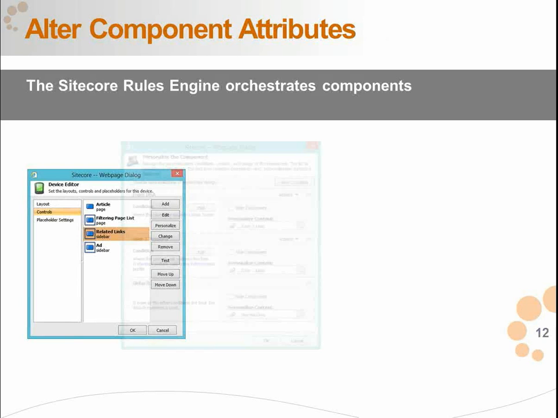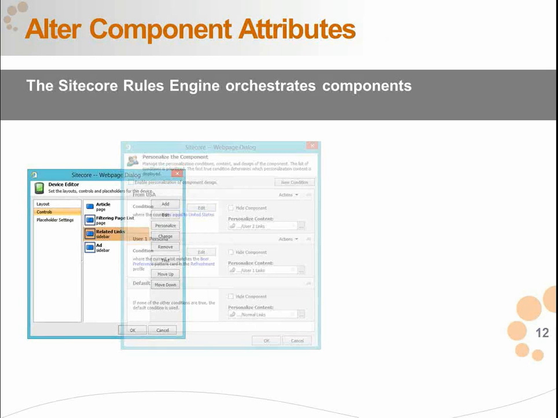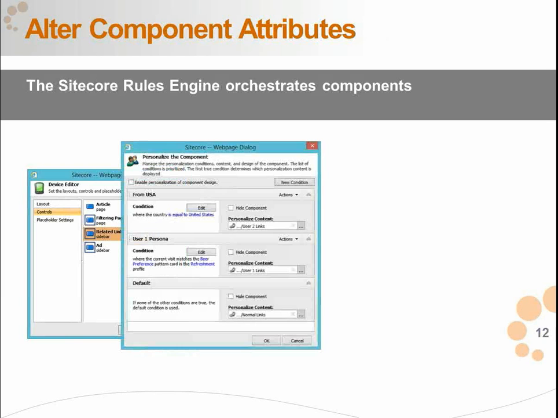You can see here we have a number of rules in here to handle different cases, different sets of conditions that we need to change the component. So for the default set down the bottom, we're simply going to use a particular set of data. For a user 1 persona, so you can see there in the condition text, profile.